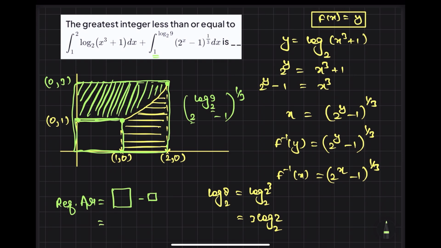So if you observe, the bigger rectangle is, wait, here it will have 2. Okay, so we got that thing as 2.